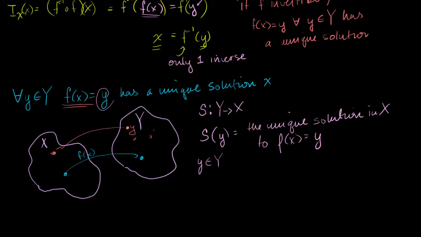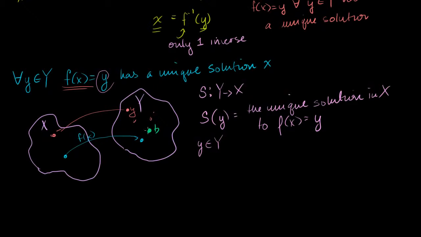So let's take some element here. Let me do a good color. Let's say this is b, and b is a member of y. So let's just map it using our new function right here. So let's take it and map it, and this is s of b right here. S of b, which is a member of x.